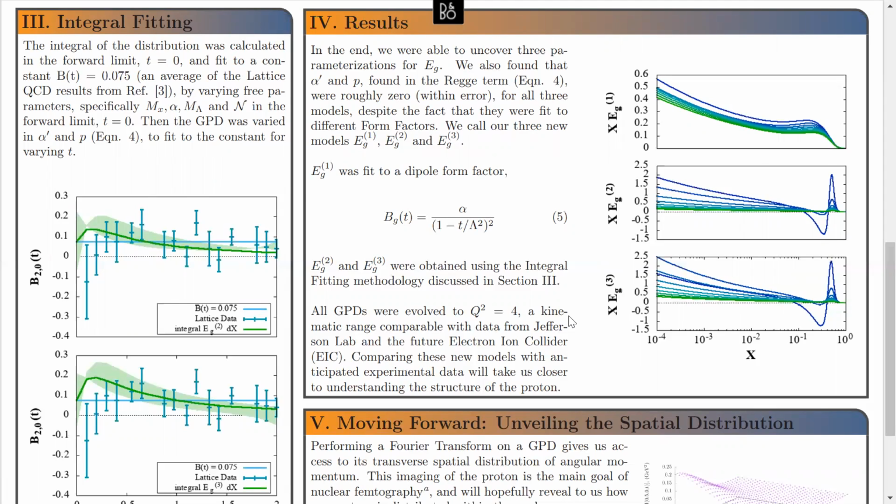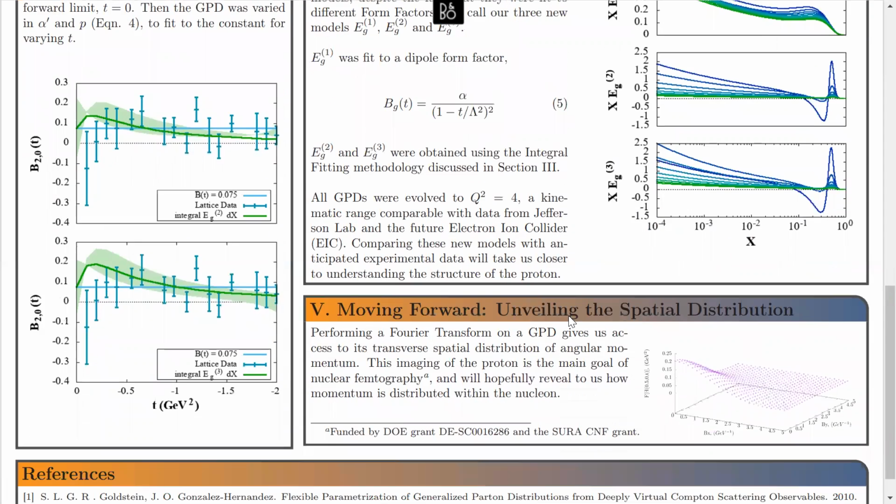In the future, what our group aims to do is perform a Fourier transform on the GPD. This graph is a Fourier transform of the GPD, but only of the quark sector.